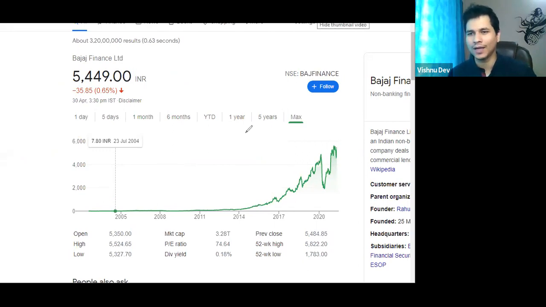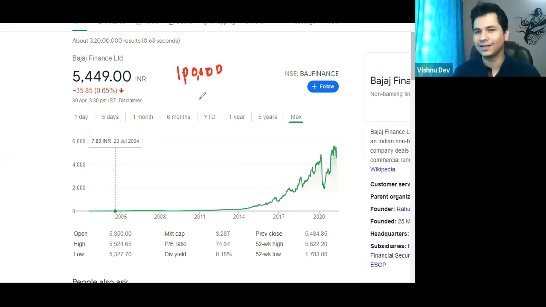Lose money, right? For example, in that IndusInd day, I had invested 1 lakh. This 1 lakh was reduced to 20,000 only. So I had lost 80,000.